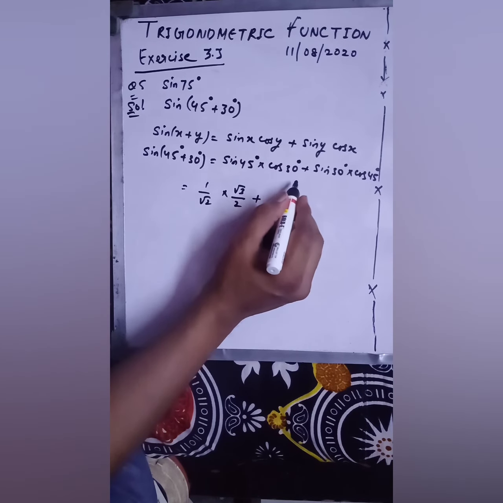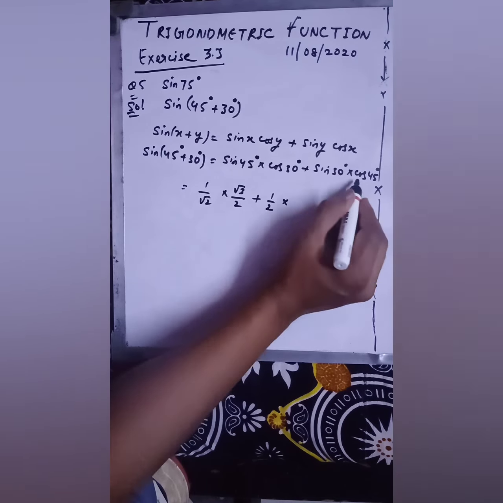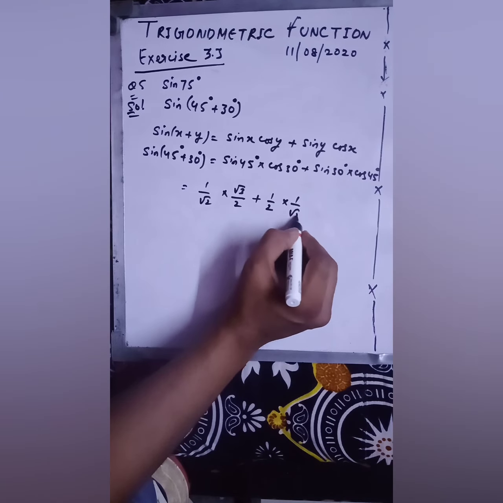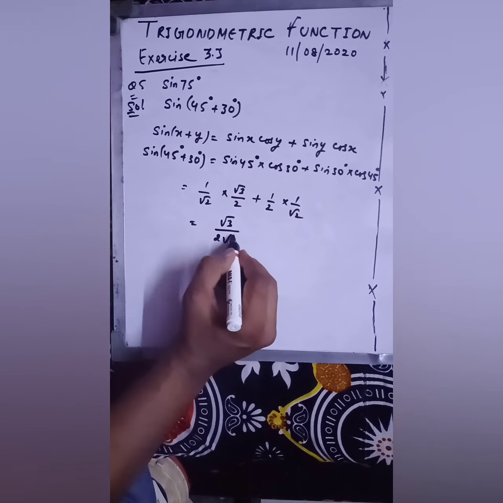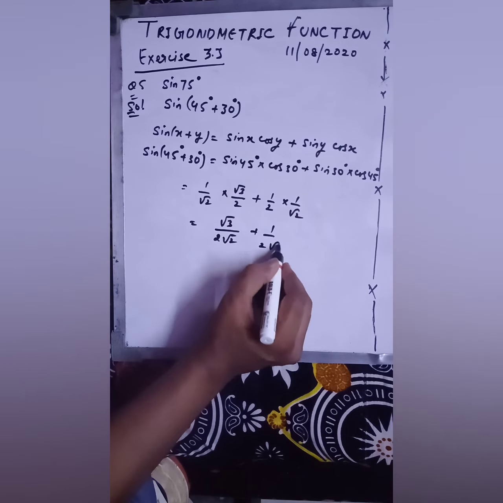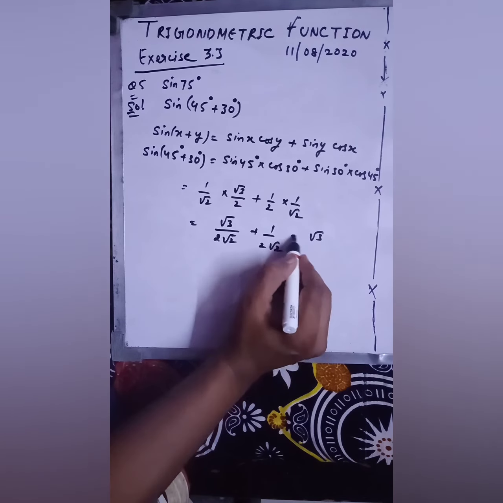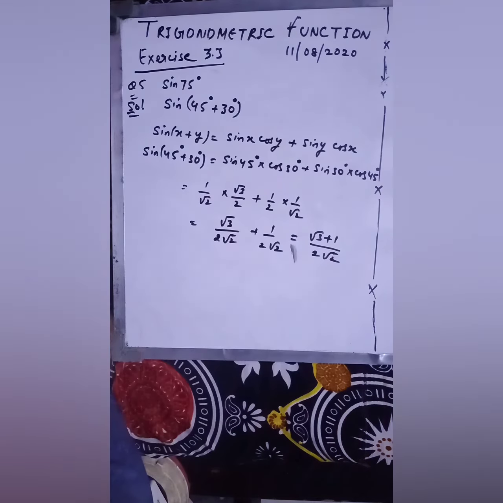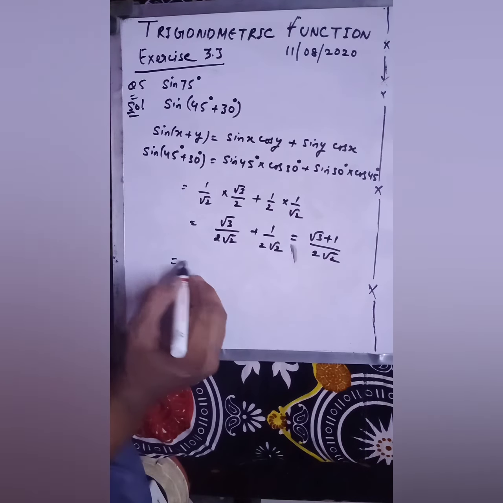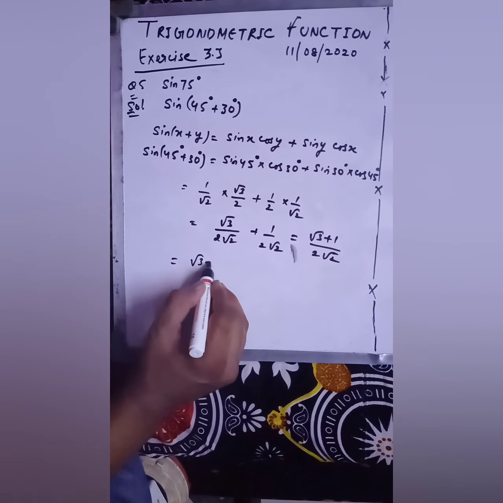Plus, all these values you will get from the table. This is sine 30. Sine 30 is 1 by 2, into cos 45, which is 1 by root 2. So you get root 3 over 2 root 2 plus 1 over 2 root 2. This gives you root 3 plus 1 over 2 root 2. Now the denominator has a root, so you have to rationalize this.